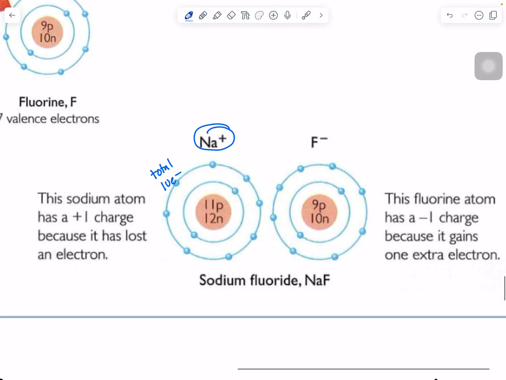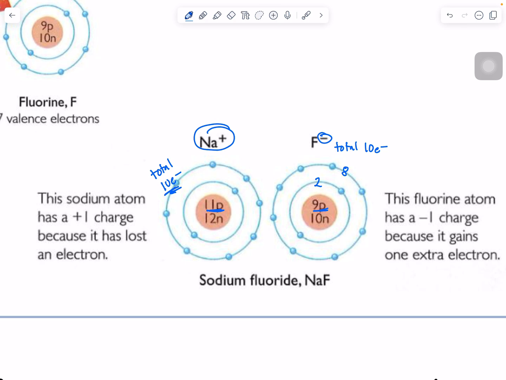And the fluorine also has 10 electrons, 2 in the inner, 8 here, so total of 10 electrons. Because it's gained 1, 10 electrons, 9 protons, it has a negative charge. Sodium, 11 protons, 10 electrons, it has a +1 charge. So 11 positive, 10 negative is +1.